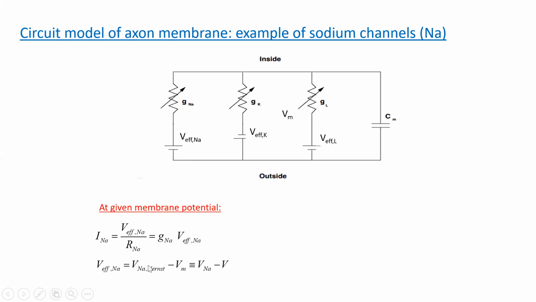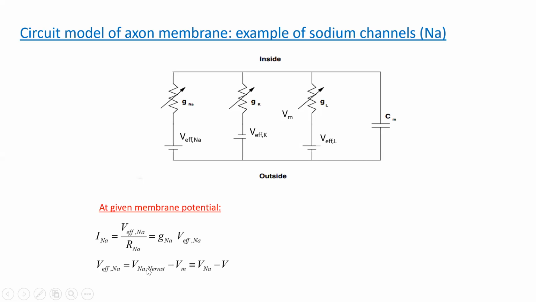It's only when the Nernst potential differs from the membrane potential that there's a tendency for ions to flow in or flow out. And current will flow in the direction to tend to bring the Nernst potential equal to the membrane potential.